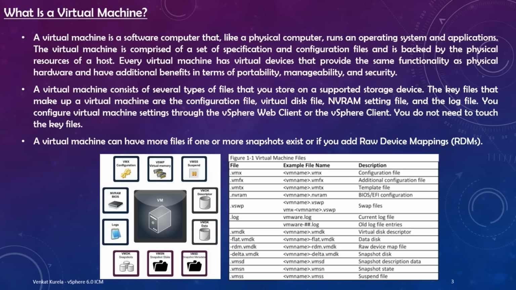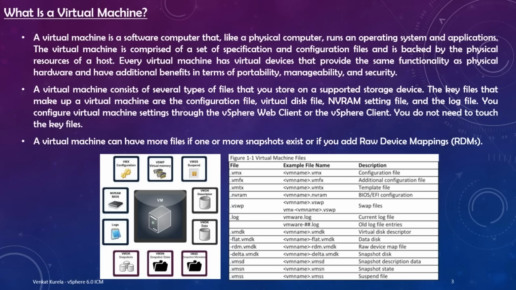Once you install the VMware virtualization operating system, that is your ESX or ESXi, it gives you an interface where you can create multiple virtual machines, and each virtual machine can have its own operating system, and each operating system can have its own set of applications, right?